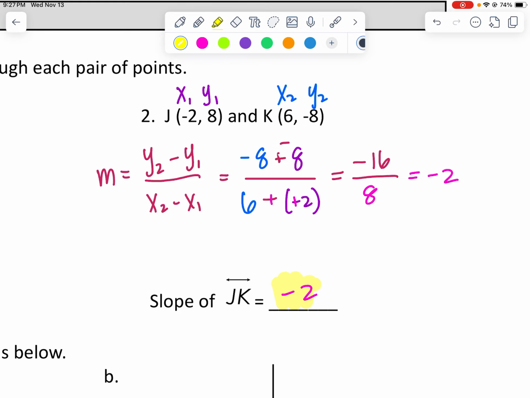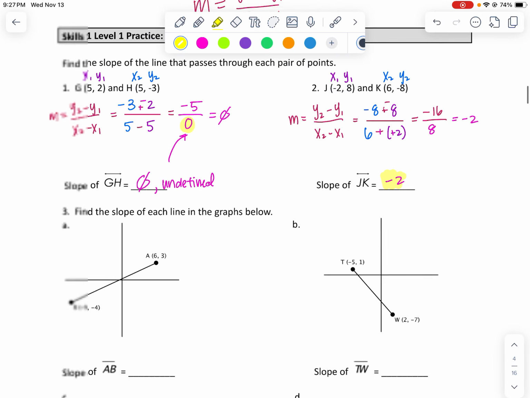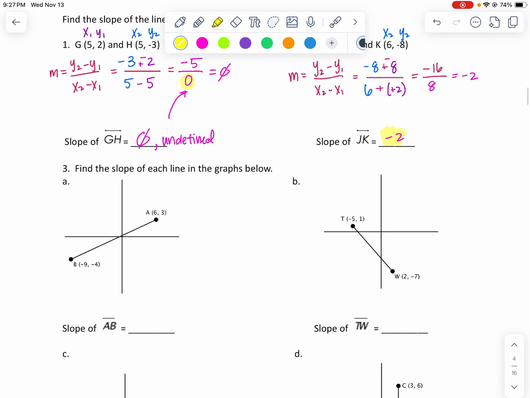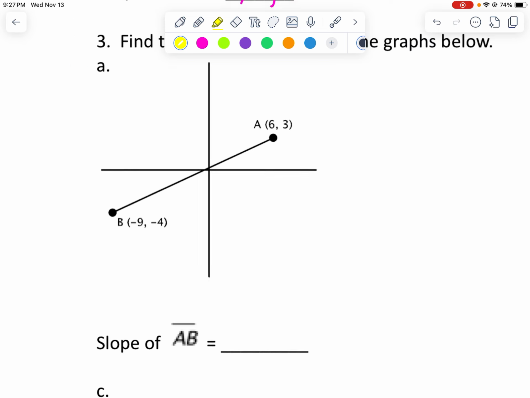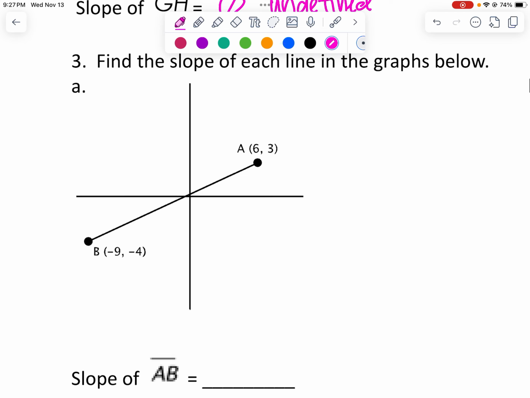All right. Number 3 looks a little bit different. It's the same exact thing though. I'm going to go ahead and use my slope formula. Let's go ahead and label this one as x1, y1, and this is x2, y2. Same exact process where I'm going to go ahead and take my formula and go and plug in those values.